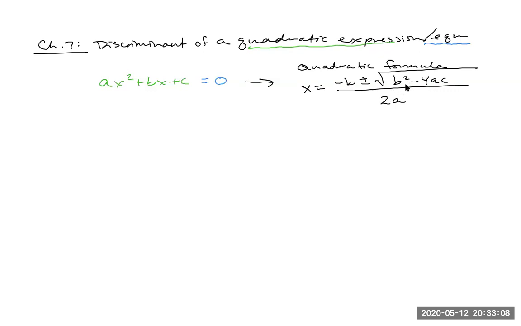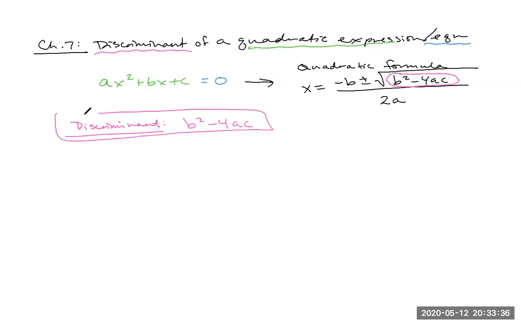Now, where does the discriminant come in? The discriminant is the part in the quadratic formula underneath the radical sign, okay? So in general, you could still have a discriminant from just the expression because you only need a, b, and c for it. So b squared minus 4ac.